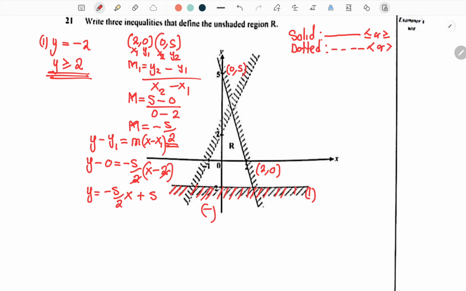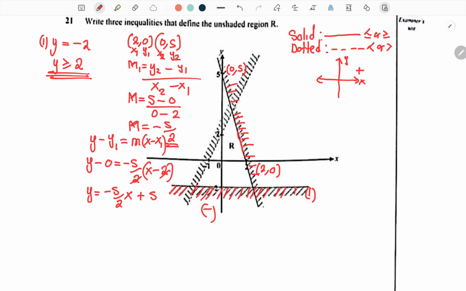Now, we want to determine, are we going to shade greater than or equal to, less than or equal to? So let's first of all check. It's a solid line. Then because they are shading towards the greater part, you're using a compass. This part is in the x-axis. This part is in the y-axis.